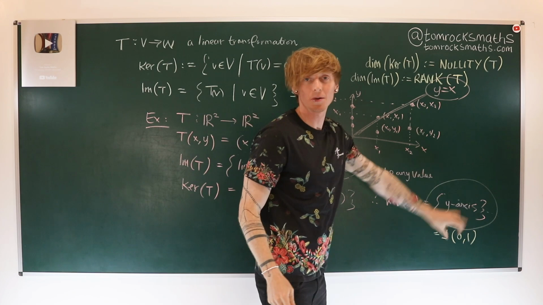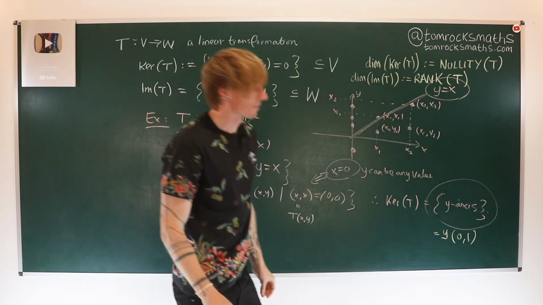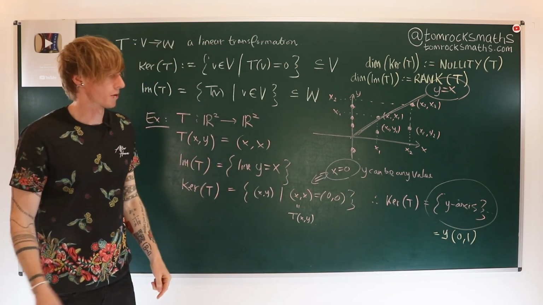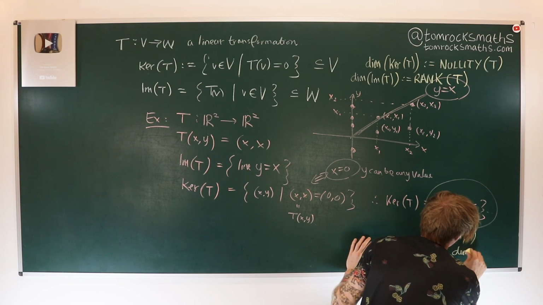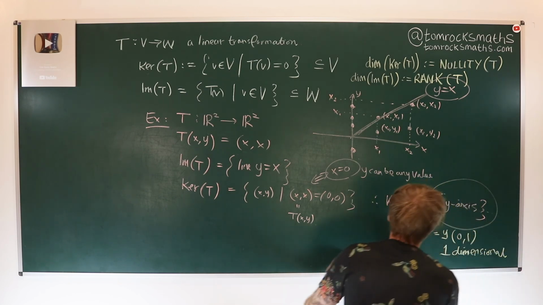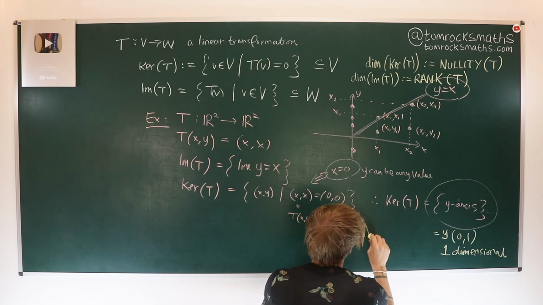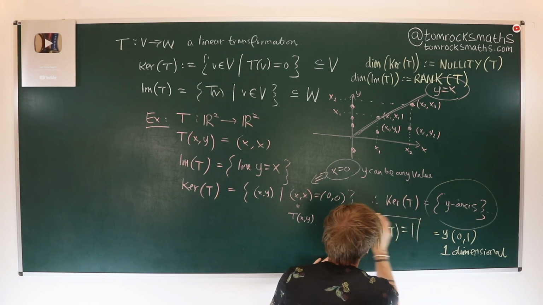So any point on the y-axis is given by a real number y multiplied by one of our basis vectors, (0, 1). So therefore this is one-dimensional. And so we can say, in this instance, the nullity of the map is equal to 1.